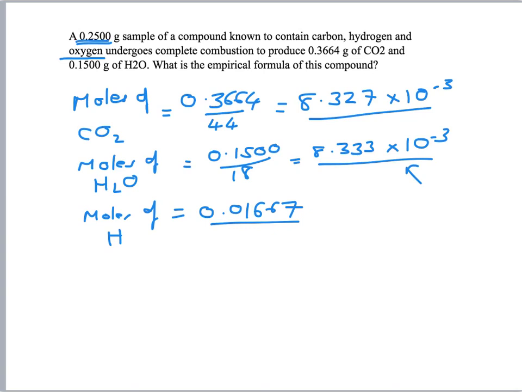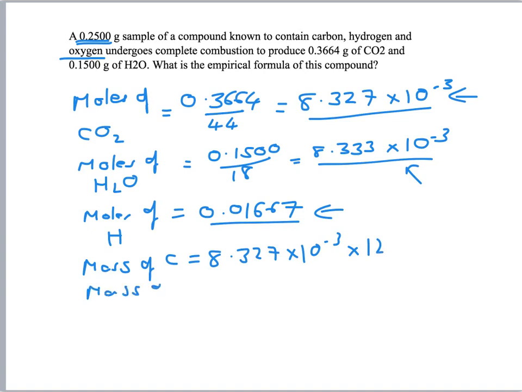If I know my moles of carbon, which is this number here, and my moles of hydrogen there, I know my mass of carbon in the sample. So mass of carbon is going to equal my moles of carbon times by 12, which is the molar mass of carbon, and my mass of hydrogen is going to equal my moles times by 1, which is the molar mass of hydrogen.